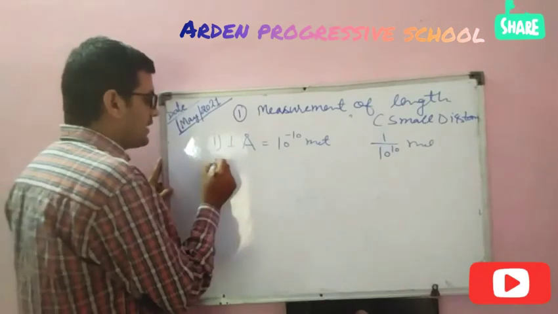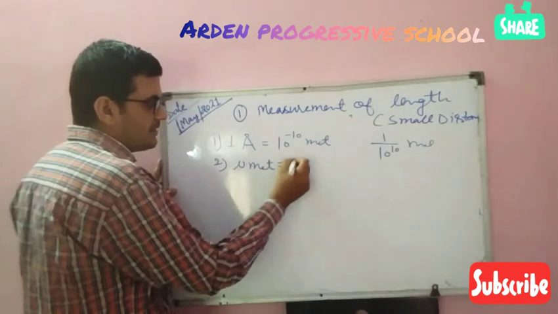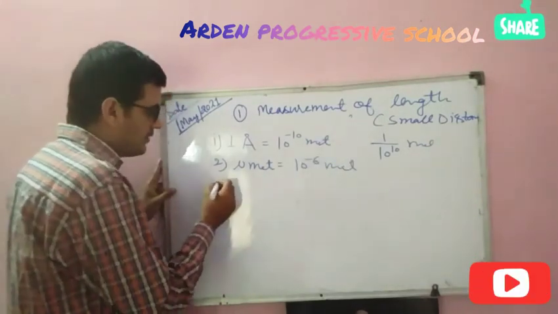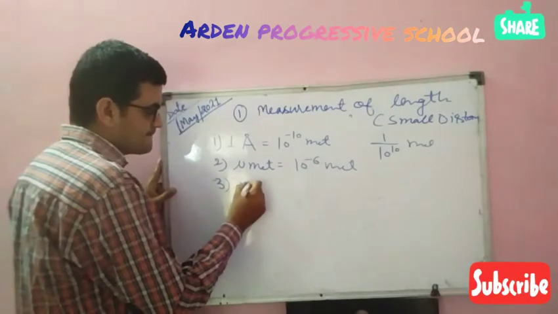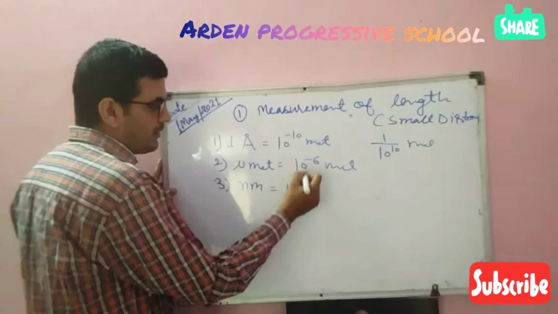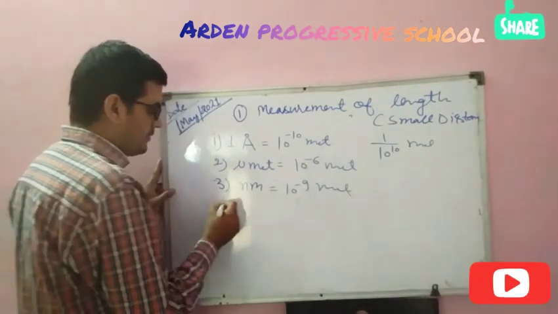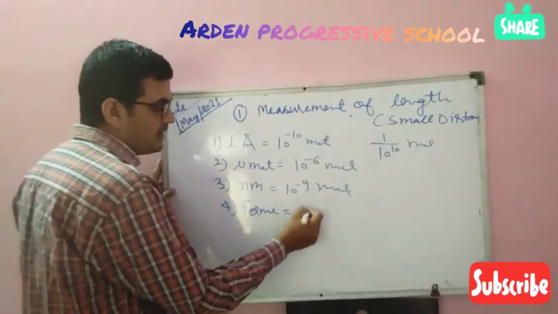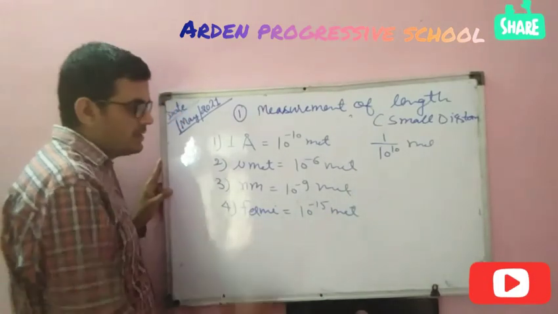Got it? The second one is micrometer. What is the meaning of micrometer? 10 to the power minus 6 meter. The next one is nanometer. It is 10 to the power minus 9 meter. The fourth one is Fermi. Fermi is 10 to the power minus 15 meter.